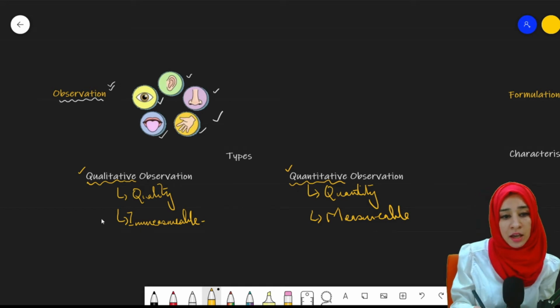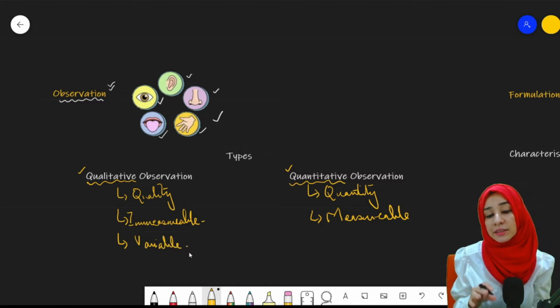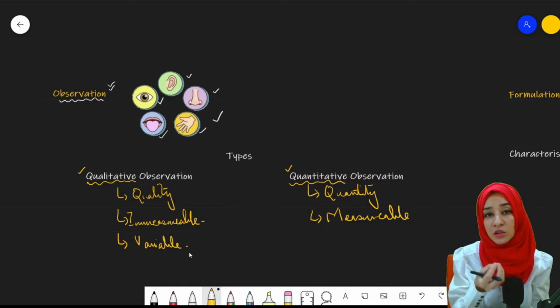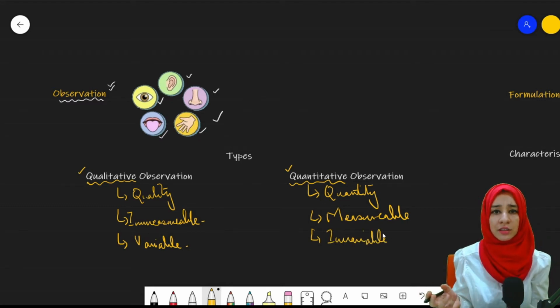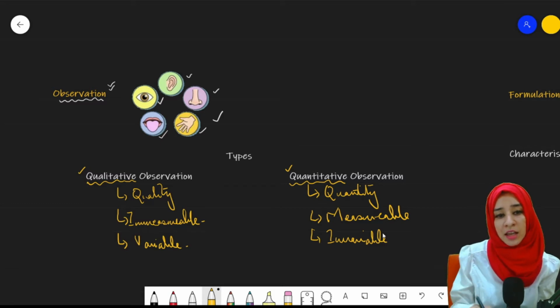Then qualitative is variable. What do you mean by variable? Anything that can be changed. That is the meaning of variable. Whereas quantitative is invariable, cannot be changed. It will remain the same always because it is in the form of numbers, right?